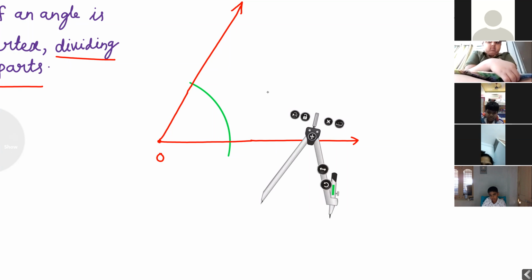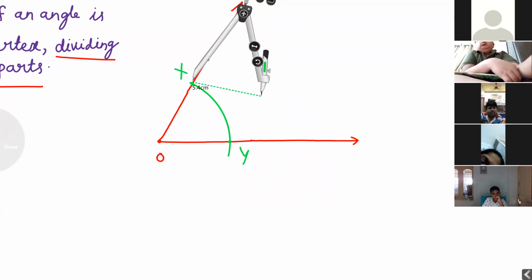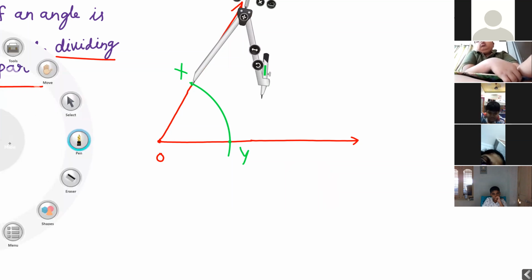And this arc I will not change. Suppose this point I have named X and this point Y. Firstly I have taken one arc; you can take any radius.